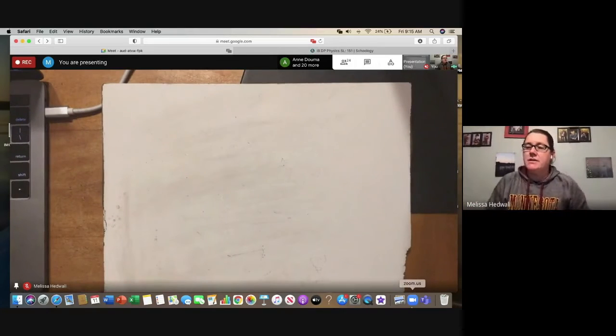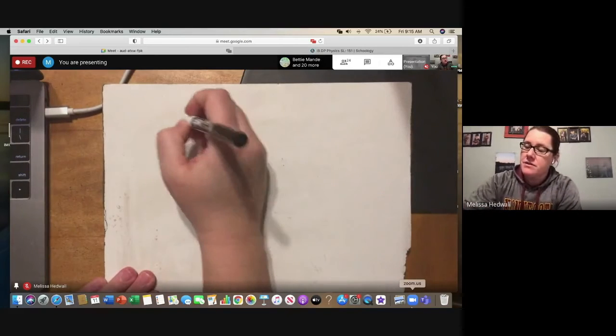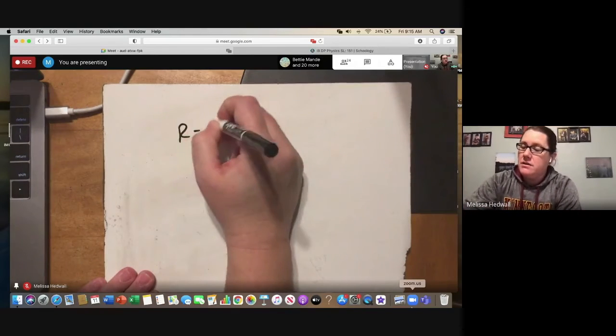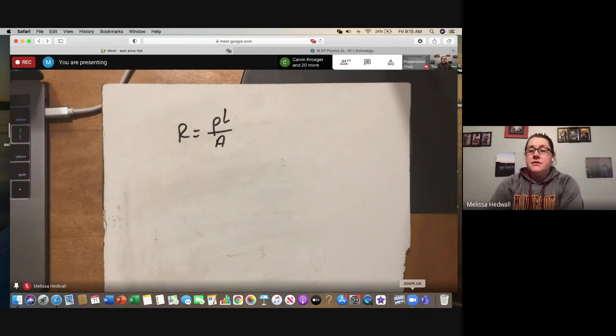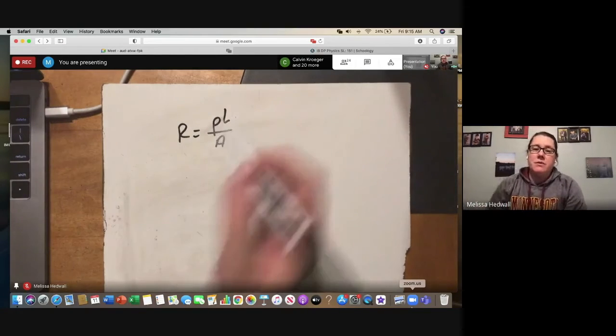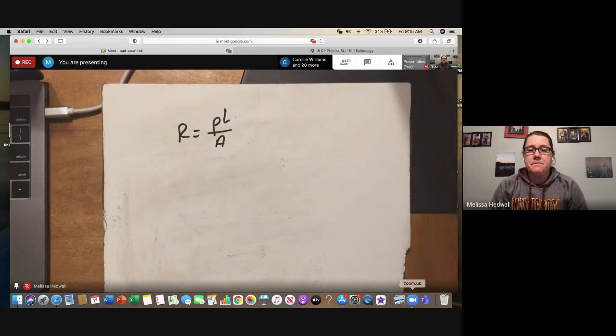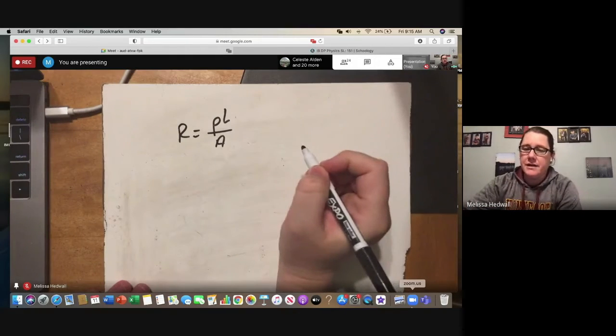And I want to talk about this equation in the way of graphs. And so we know we have R equals rho L over A. And in the lab that you're going to do, you'll actually choose which one of these you want to work with this week, and then graph from there. They're both pretty straightforward in how you can do your data in the graph.